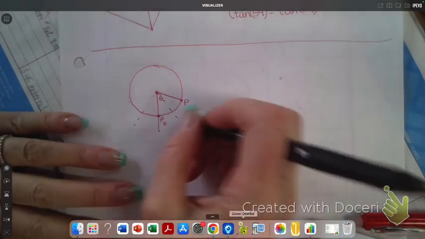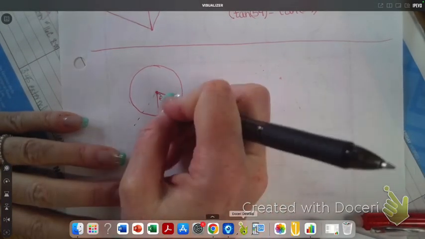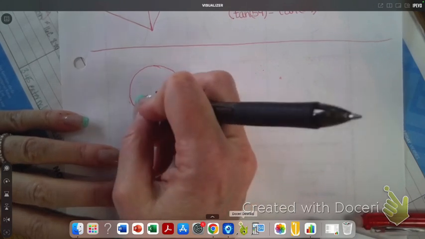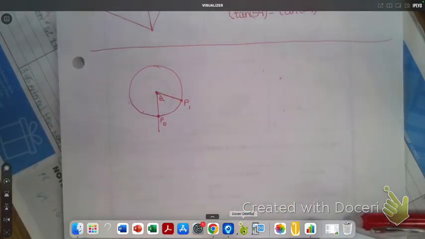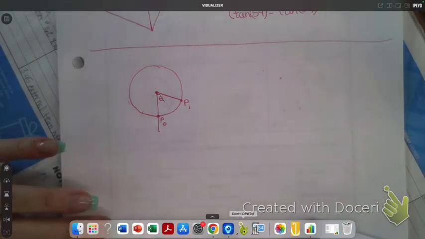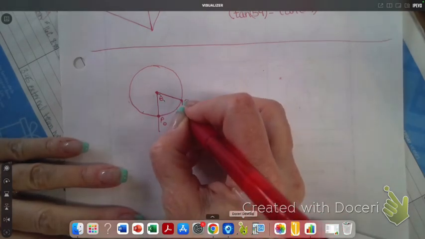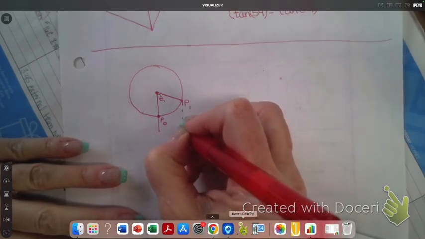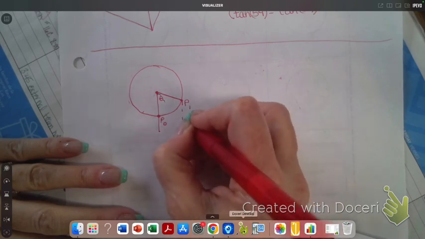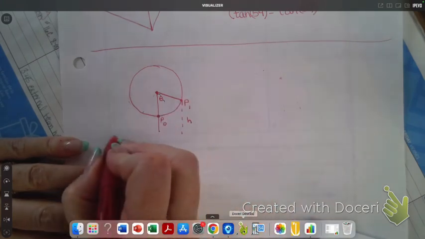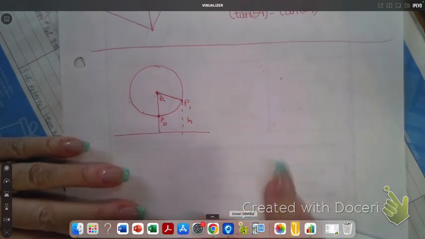So when you draw it, don't put them. I said it was 45 degrees. It did say theta was 45. I'm just giving you a general picture. This picture can be used on every single one of these problems. Okay, and I want the height, so right here would be the height, wouldn't it? That would be the height. And here is the ground.